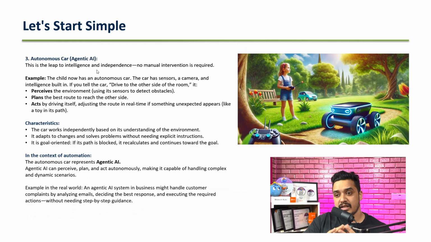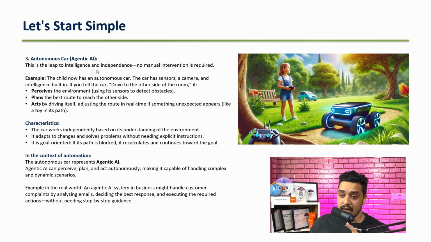So AI agents can perceive, they can plan and they can act autonomously, making them capable of handling dynamic scenarios. Now to run the automation, whenever there is a failure, whenever there is a new business requirement, or a slight change, the agents are able to adjust according to the environment.